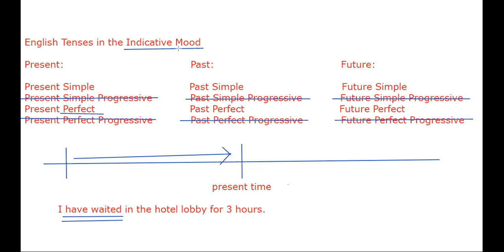I should have probably explained how to conjugate these. Let me do that really fast. So for the present simple, you have I am, he, she, it is, we, you, they are. And that's for the verb to be.